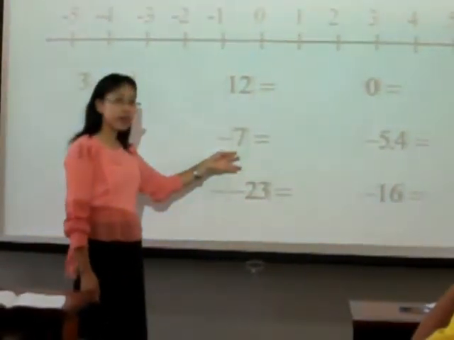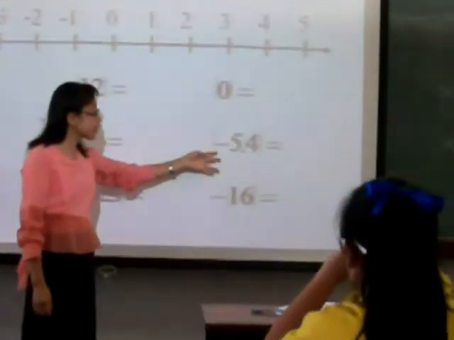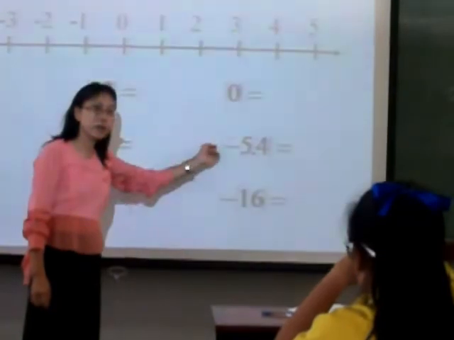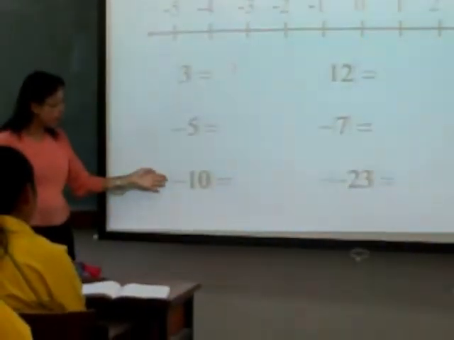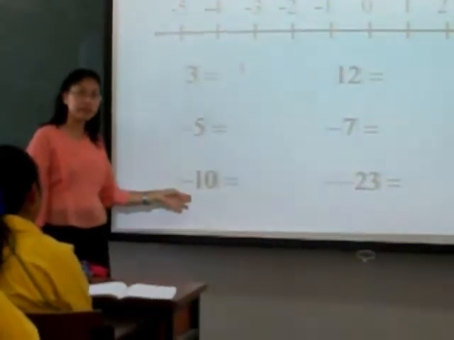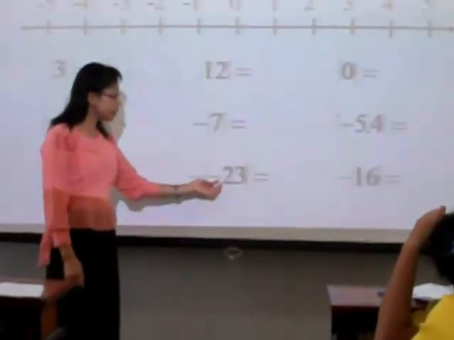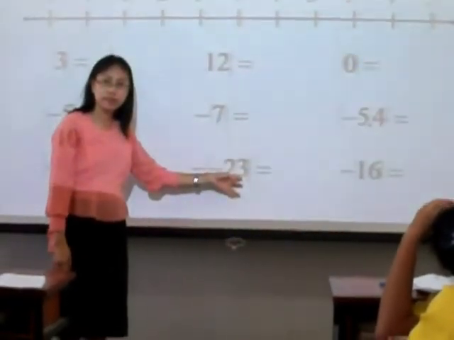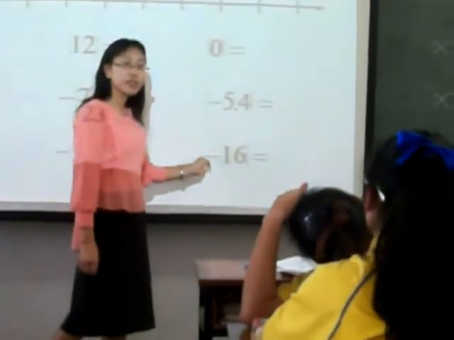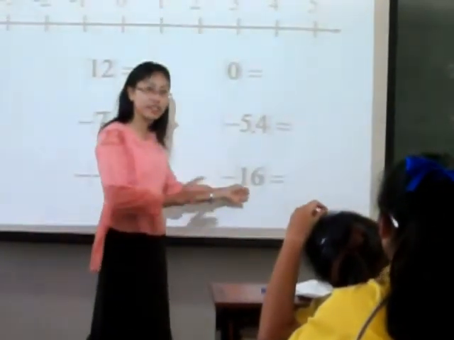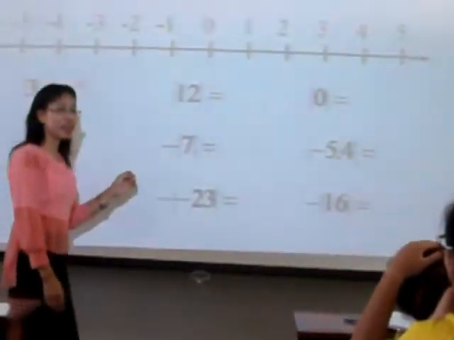Negative absolute value of 7 is negative 7. Absolute value of negative 5.4 is 5.4. Absolute value of negative 10 is 10. Negative absolute value of negative 23 is negative 23. And last, negative absolute value of 16 is negative 16. Okay, very good.